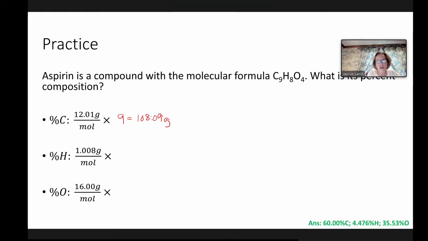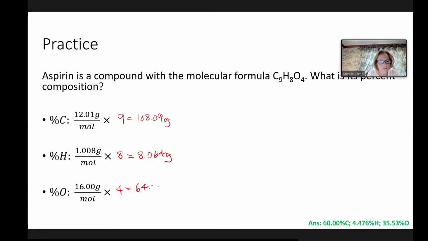That's how much it would be carbon. 8 times 1.008 equals 8.064 grams of hydrogen. And 16 grams for oxygen times 4 of them is equal to 64 grams.